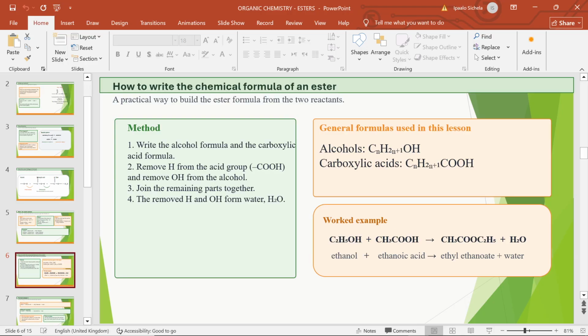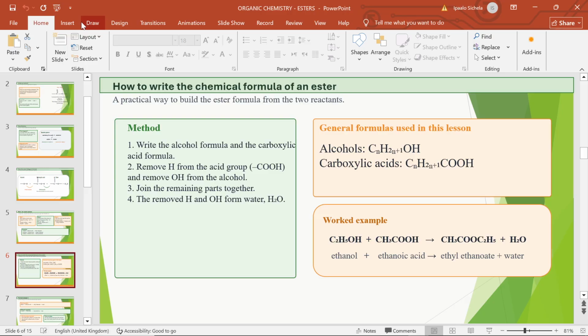How do you write the chemical formula for ethanoic acid? All carboxylic acids obey the formula CnH2n+1COOH. Ethanoic acid, eth as well means 2, so we would put 2 where there's n, but the problem is that carboxylic acids have an extra carbon atom in their functional group.